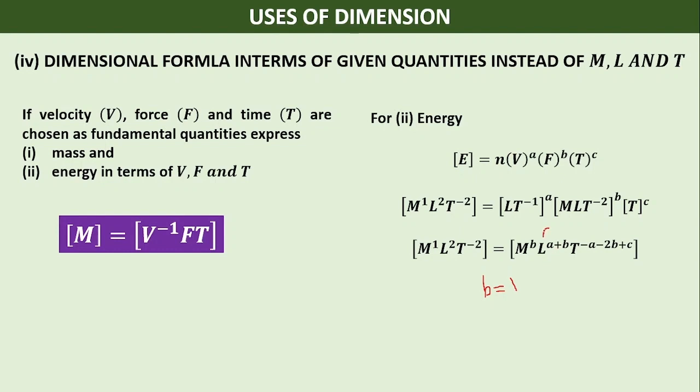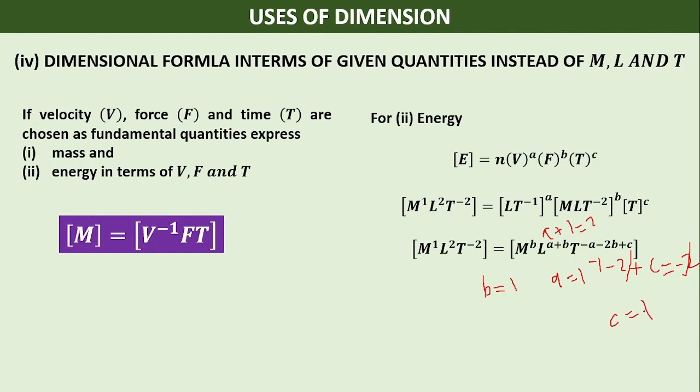So this 1 is substituted here: a plus 1 equals 2, so we get a equals 1. Right. So here the a value is substituted, minus 1, minus 2 for the b value, plus c equals, on the left hand side the power of T is how much? Minus 2. So this minus 2 and this minus 2 get cancelled. So we get c equals 1.